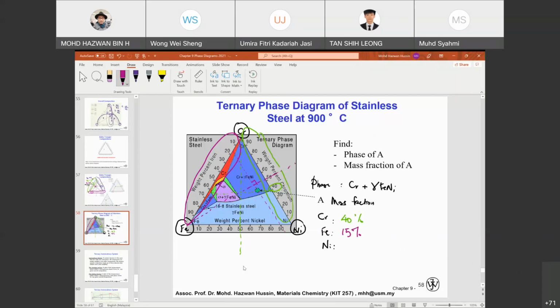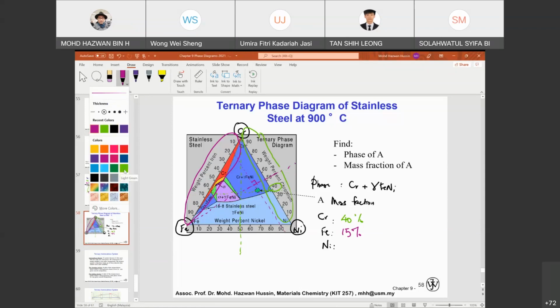Nickel. One more person, the last one. Solawatul, are you there? Yes, doctor. Okay, so how about nickel? How much? I got 40. Around that, 40.